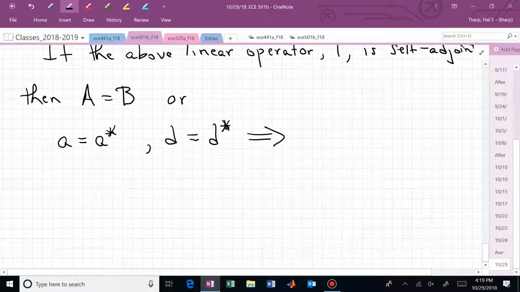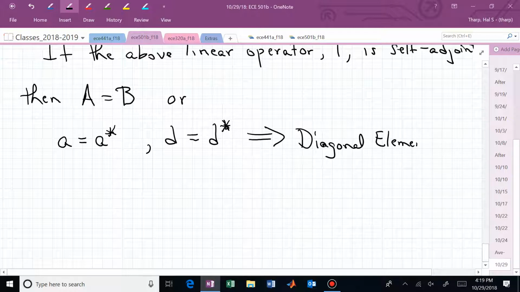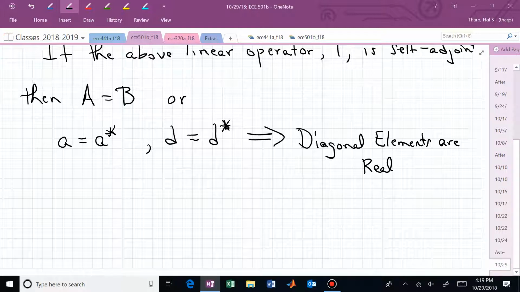And what does that imply about A and D, the diagonal entries in that matrix representation? If we have a complex number A and a complex number D, and they're equal to their conjugate, then those complex numbers are in fact real.